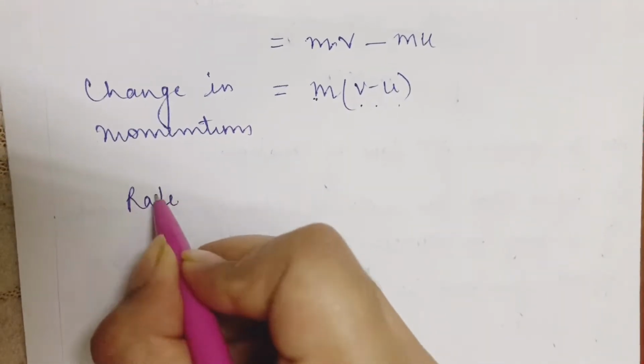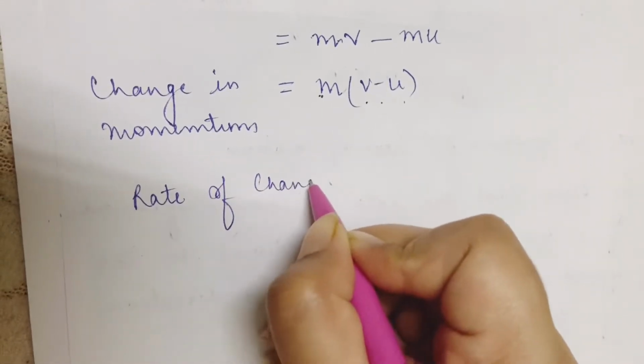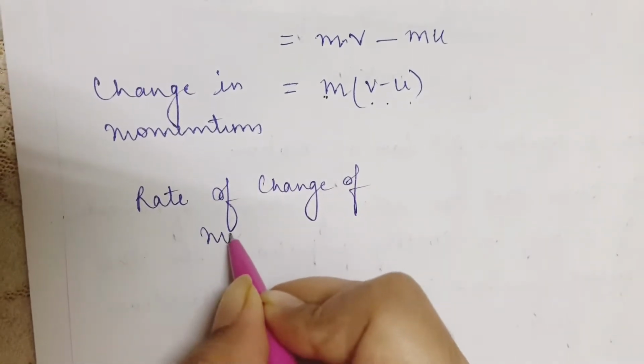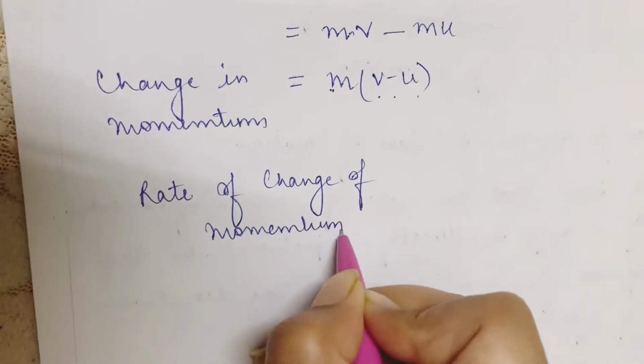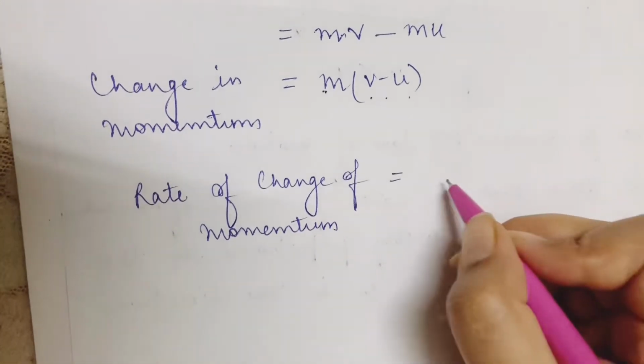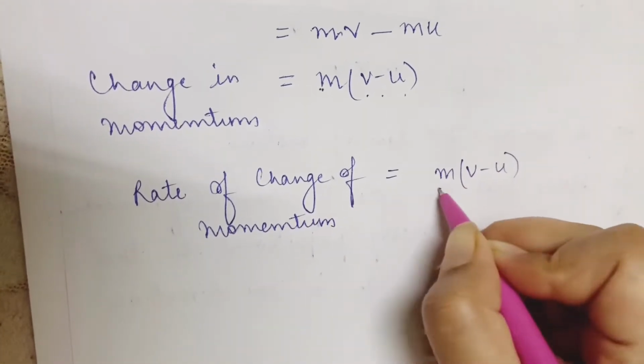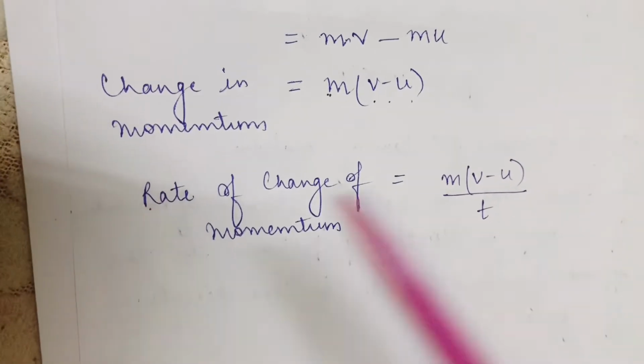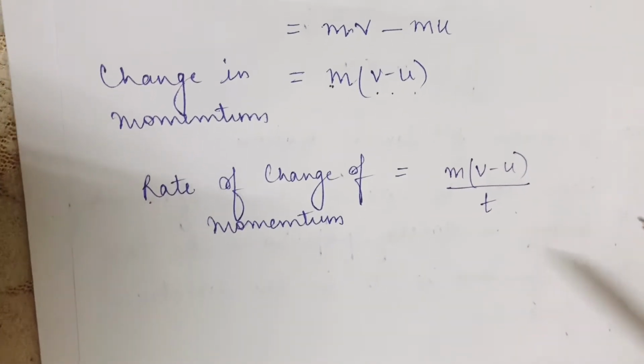Now next is rate of change of momentum. It will be equal to m(v minus u) upon t. Rate means anything divided by time.